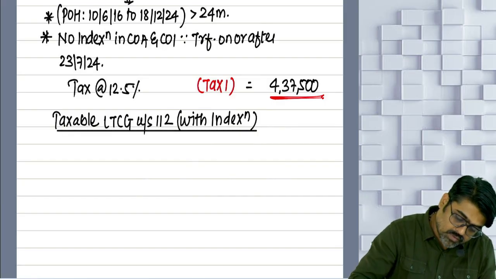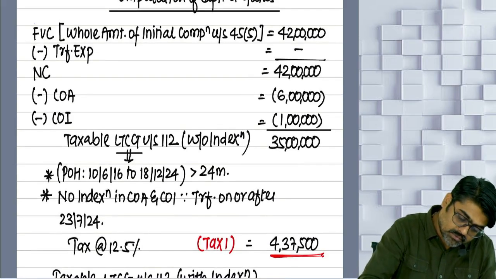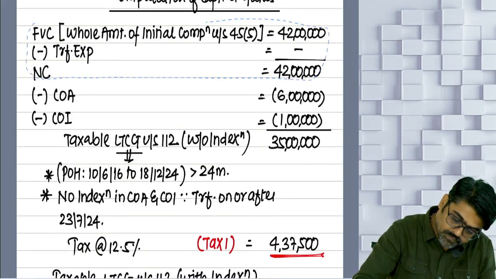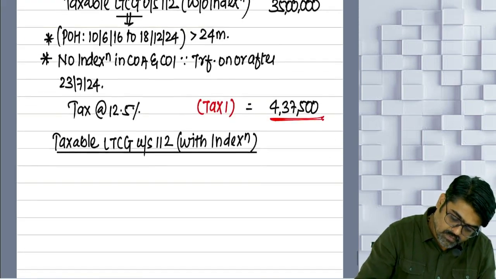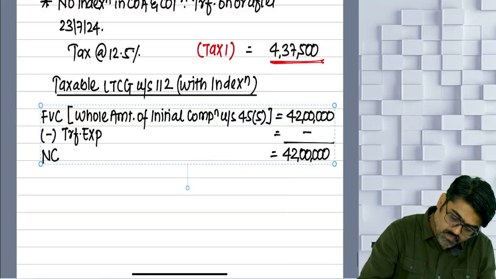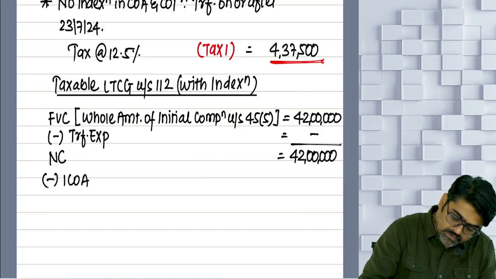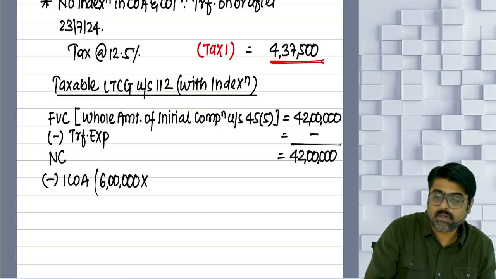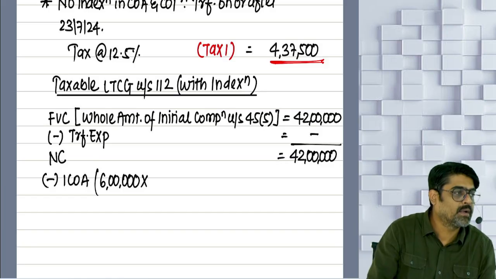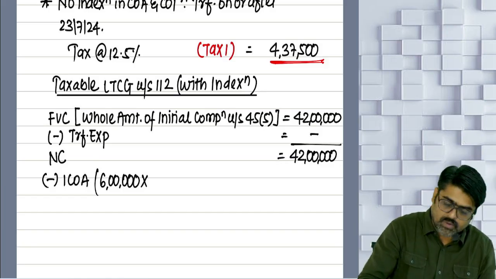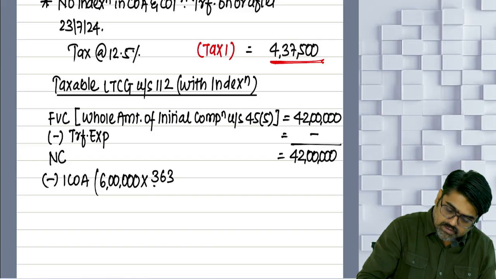To calculate this, what am I going to do? Same thing. Copy paste. Minus index cost of acquisition, which will be 6 lakh, into CII of which year? Transfer year. Transfer is happening in December 24, means 24-25. 363 divided by 260. Already we have done this.